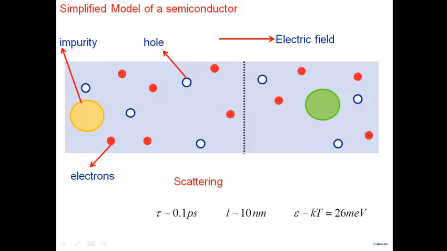It's no longer symmetric. Earlier we said when there's no field, there's no reason to expect. Now that there is a field, electrons will get accelerated opposite to the direction of the field. I'll have more going from right to left than from left to right. And therefore, I would get now an average current. Some current would start flowing and the average will no longer be 0 here.